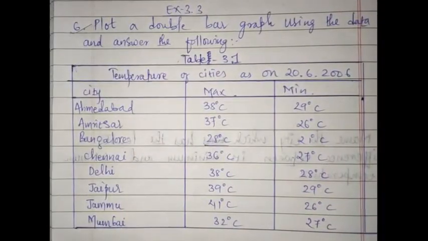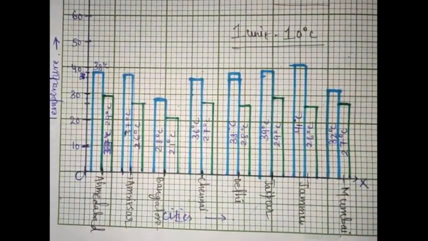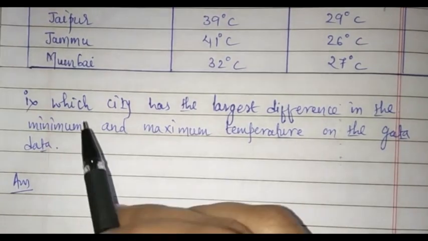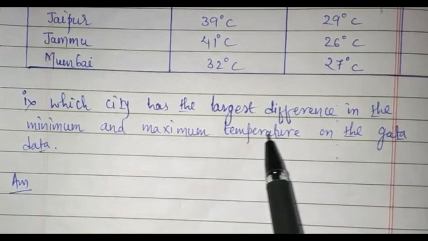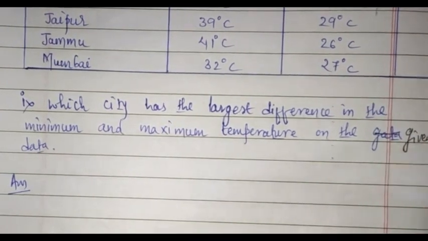Now looking at this double bar graph, you have to answer the following questions. The first question is: which city has the largest difference between the minimum and the maximum temperature in the given data?